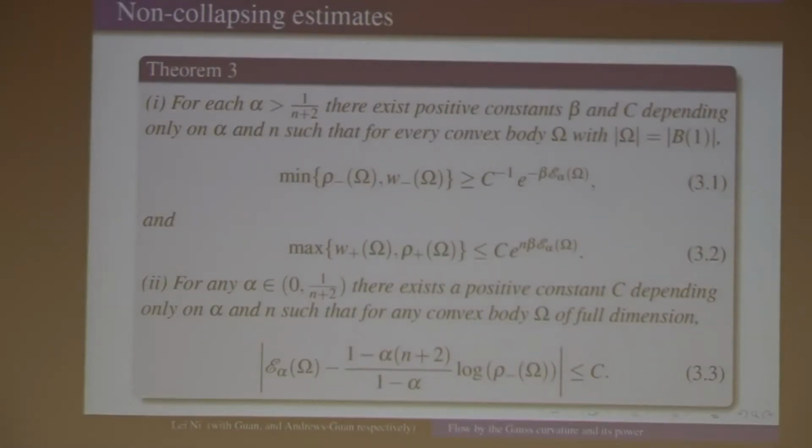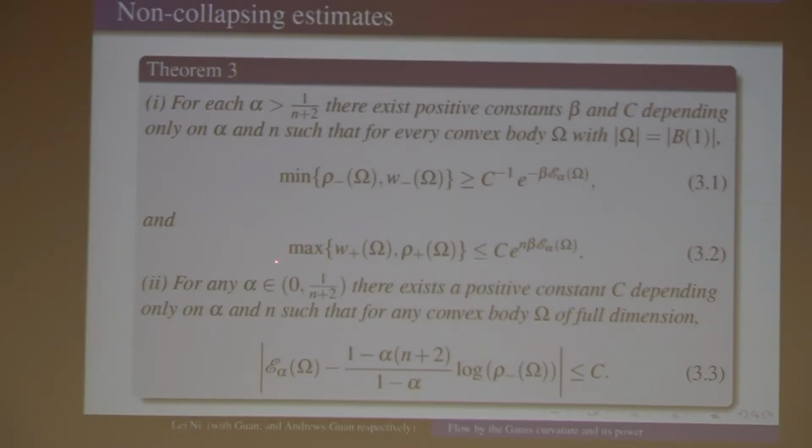Okay. So how do we do that? The first step is the non-collapsing estimates. What it really tells you is the body is not going to collapse if the entropy has an upper bound. So here there are some geometric quantities. One quantity is rho minus, the so-called inner radius.